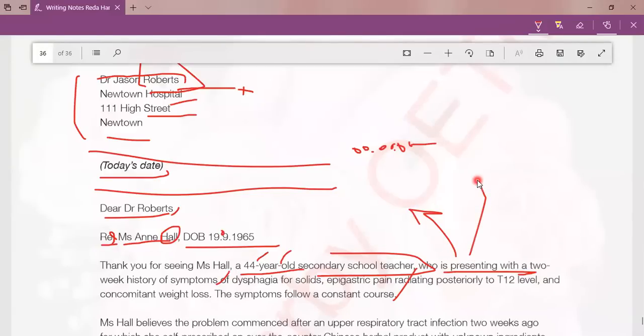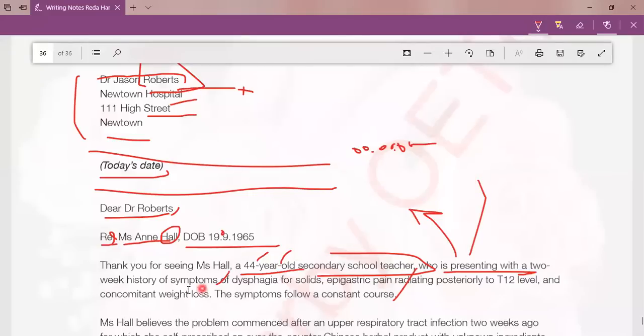So she presented is past simple, or she is presenting right now. With a 2-week history, not 2 weeks. This is called a hyphenated compound adjective of history. So a 2-week history of symptoms of dysphagia for solids.